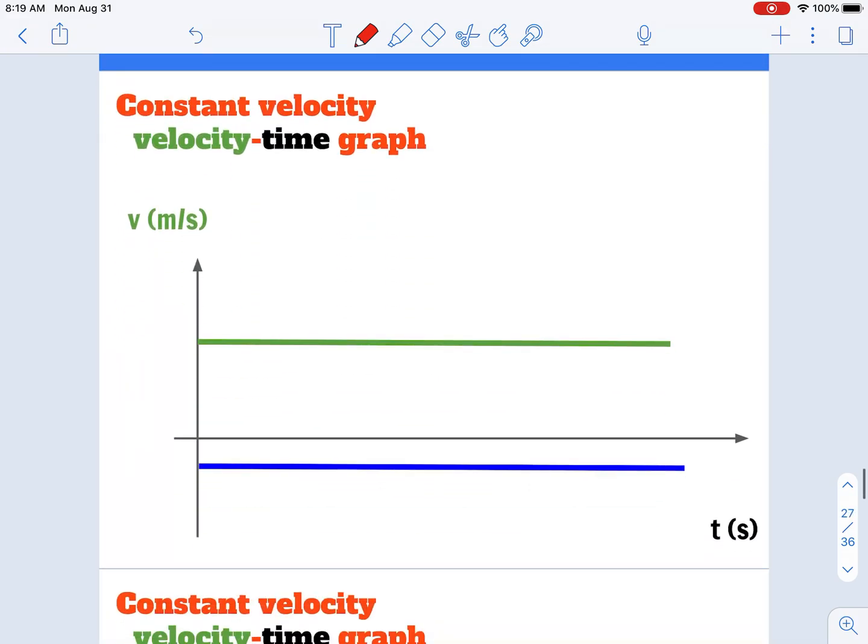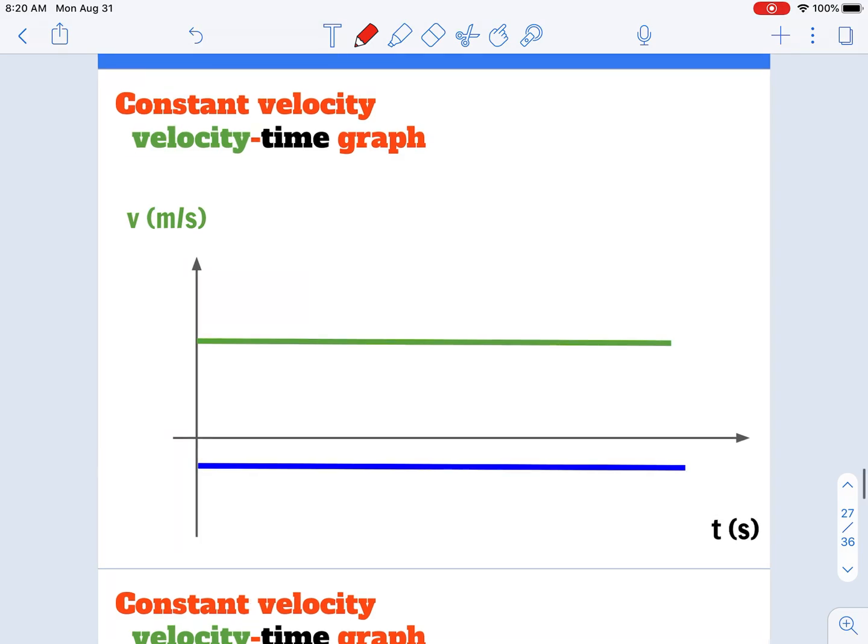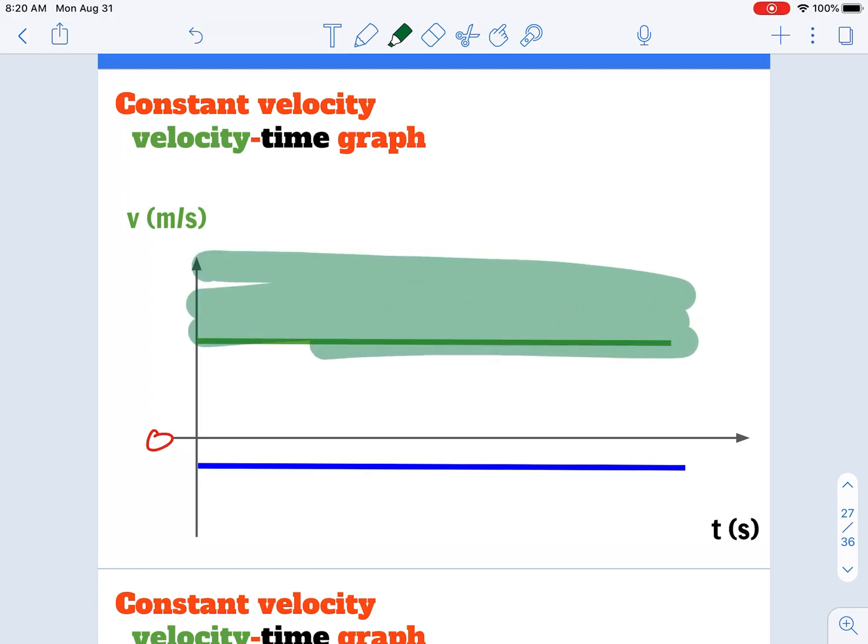Now, velocity time graphs are going to be a little bit different because in order to understand what the object is doing, we're going to compare everything on our graph to the zero of the velocity time graph. First of all, anything that is above the zero is a positive velocity. That's the positive section.